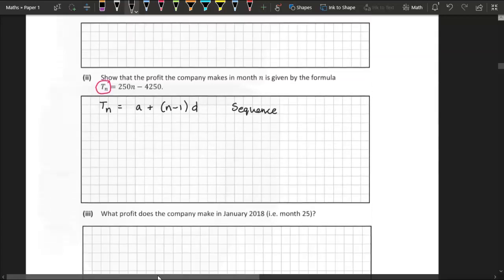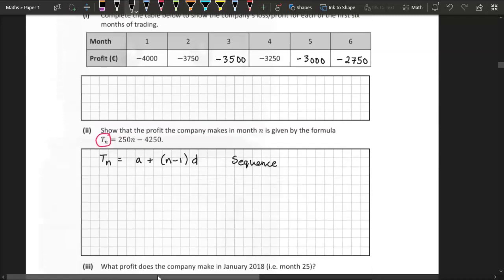And what an arithmetic sequence is, is what we've got here. You're starting at a particular number, so this is the starting number. This is always a, right here. And then as you go along the line, it is moving by the same amount. So an example of an arithmetic sequence would be something along the lines of 2, 5, 8, 11.